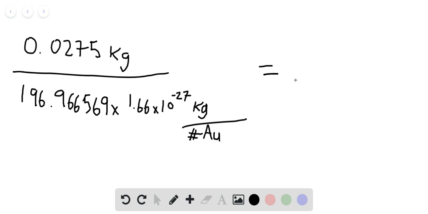This gives us 8.41 times 10 to the 22 number of particles. So that's a lot of particles in this small ring of gold.